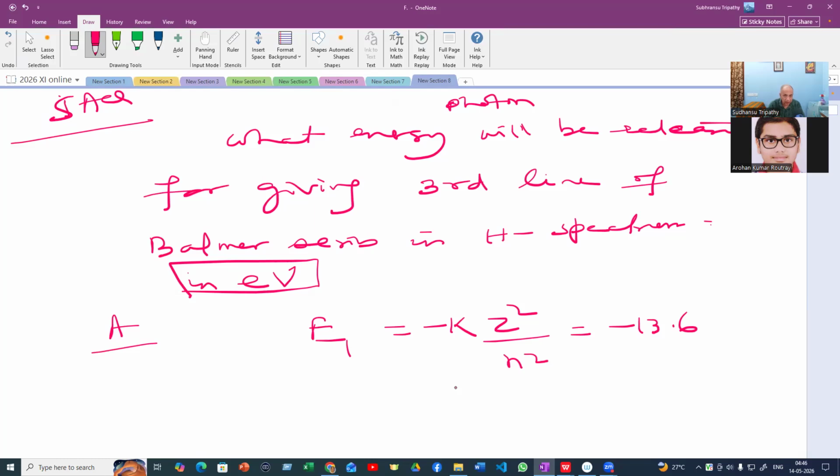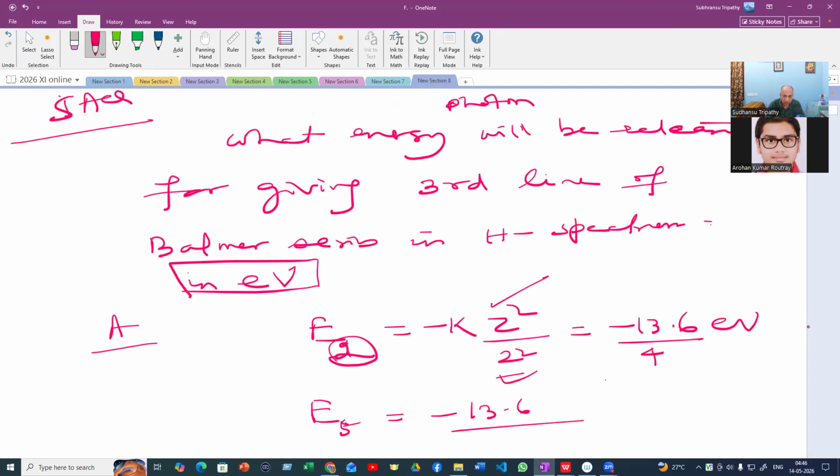So minus 13.6 by 1, hydrogen is one, and this is also one, the first shell. So this is E1. And sorry, E2. Oh, I'm so sorry, we needed E2. 2 square. That means 13.6 by 4, whatever it may be. Then we find E5, minus 13.6, Z is 1, by 5 square, minus 13.6 by 25.